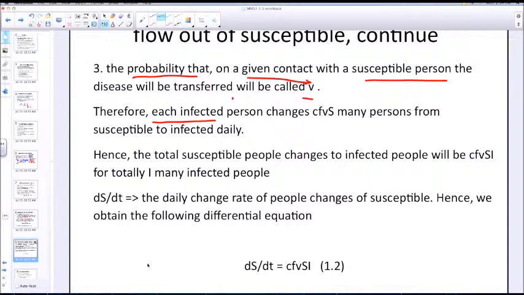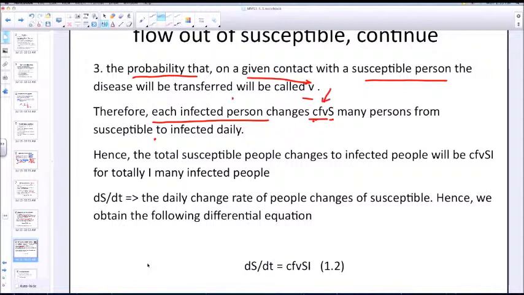Again, we consider each infected person. They have a probability to change C F V times S many persons from susceptible to infected every day. C is how many contacts this individual makes with other people.